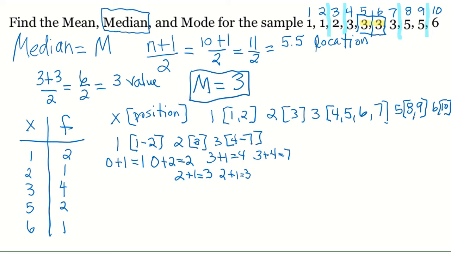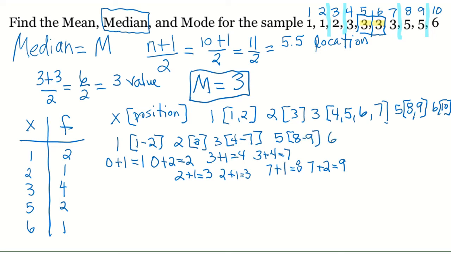Then I'm going to do the same thing for 5. I'm going to take that 7 and add 1. That's going to be the lower boundary for my 5. And then I'm going to take 7 and add 2 because it has a frequency of 2 to get the upper boundary.